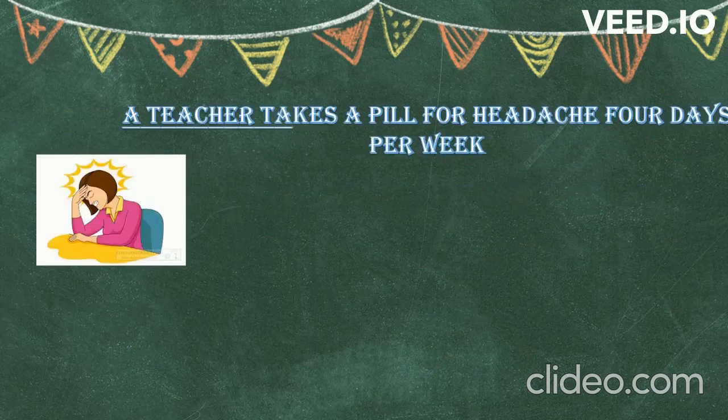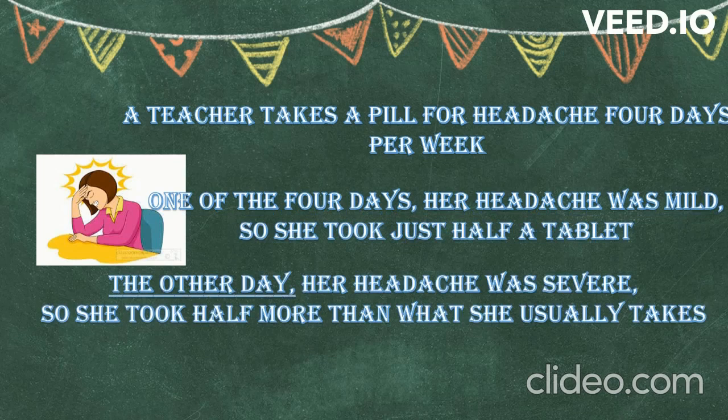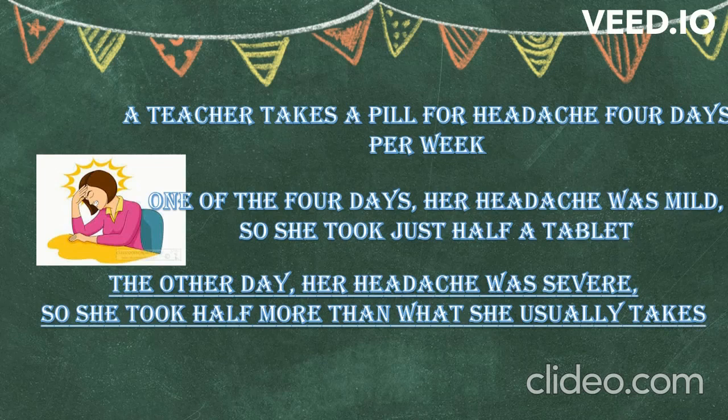Here we have yet another simple example. A teacher takes a pill for headache 4 days per week. One of the 4 days, her headache was mild, so she took half a tablet only. The other day, her headache was very severe, so she took half more than what she usually takes, that is, half more than one pill.